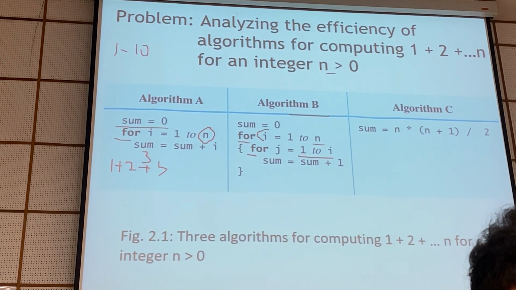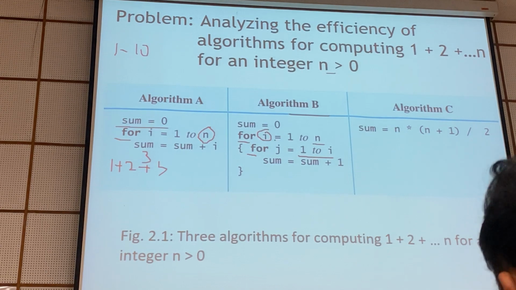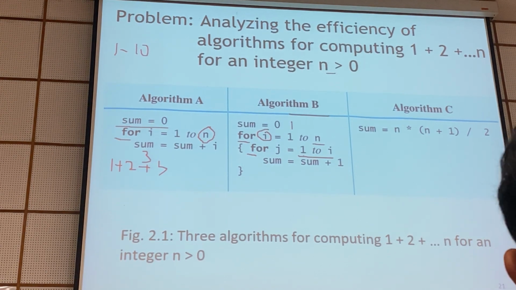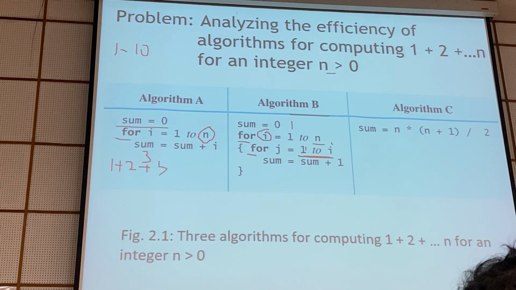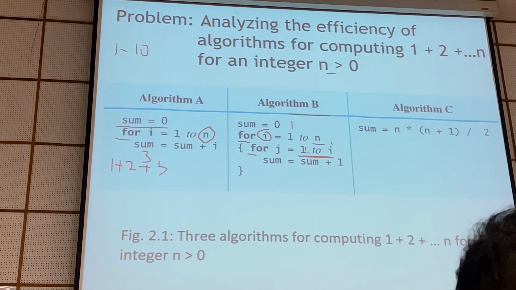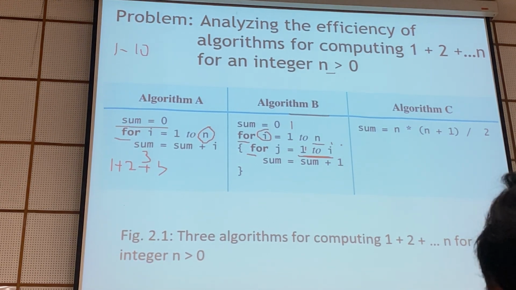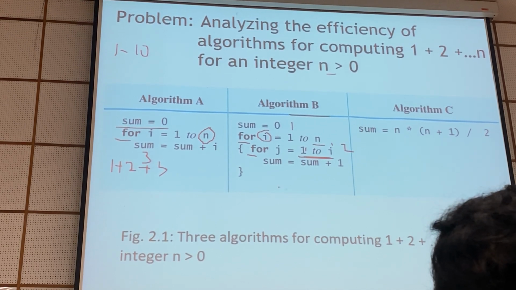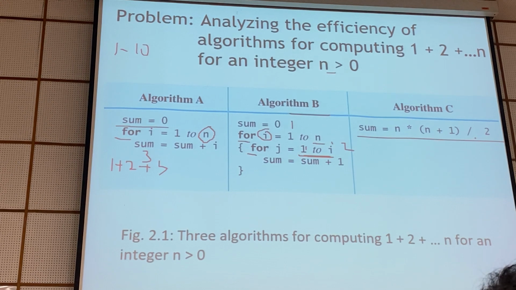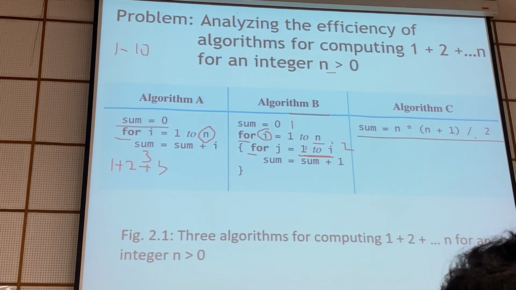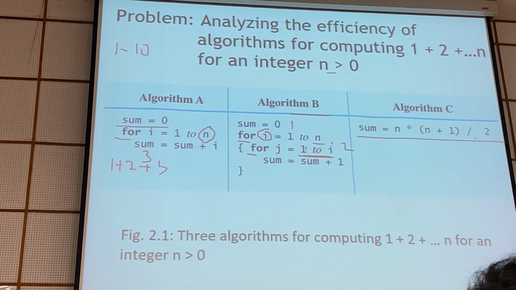So when i is 1, you sum up 1 to 1. When i is 2, you sum up from 1 to 2. This is how it's going to go through. And finally, of course, we have the simple formula. Got it? You see the difference here?